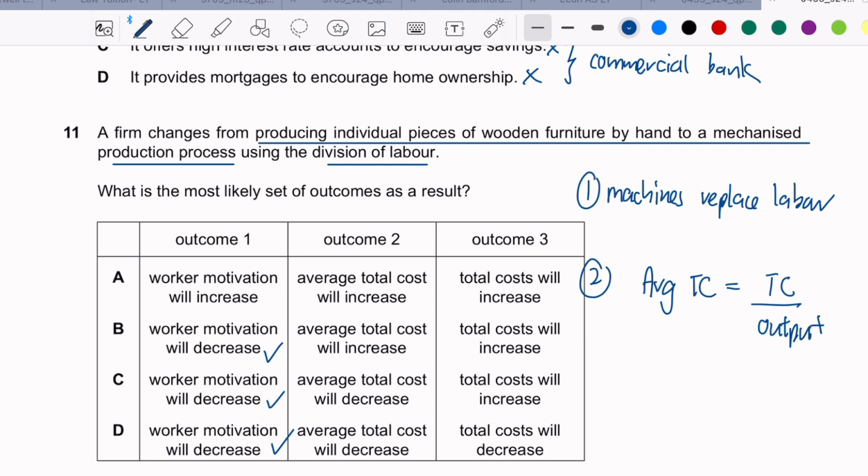As machines can produce more in the same amount of time than labor, the output increases. When output increases, the average total cost will decrease. Total cost is equal to fixed cost plus variable cost. Now output increases, so we know that variable cost will also increase, because variable cost is the cost that changes according to the output you produce. So now total cost also increases. So C is the answer.